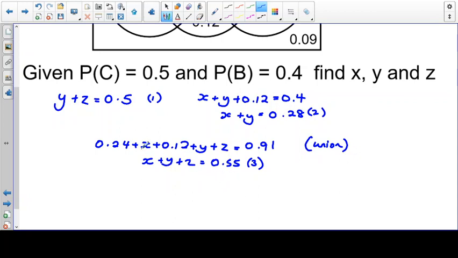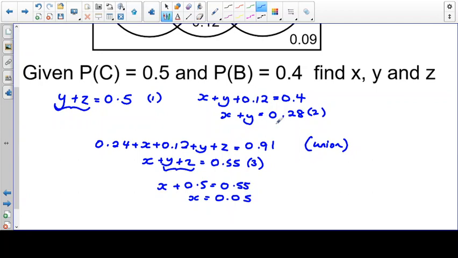Okay. Now the easiest way to do it here is you could put that there. So we know that y plus z is 0.5. So if I say x plus 0.5 equals 0.55, then x will be 0.05.